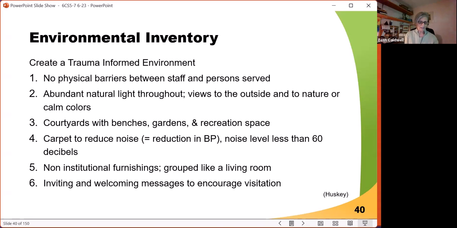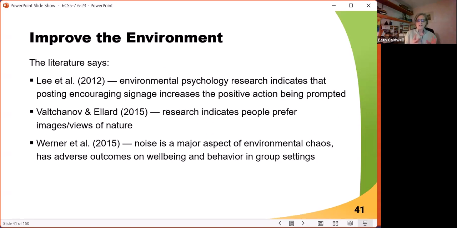Next slide, please. Also think about some small things in terms of what the literature says. Encouraging signage. People prefer views of nature and quiet. There is literature out there about how we can make our environment softer and kinder. I went to a hospital in Kentucky that was gray cinder block on the outside and gray cinder block on the inside.